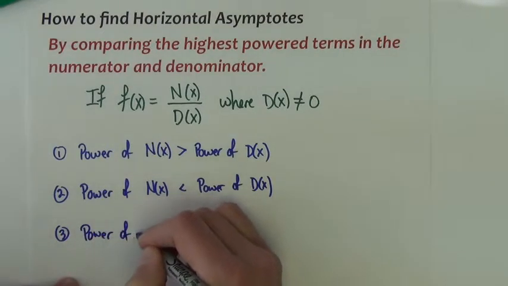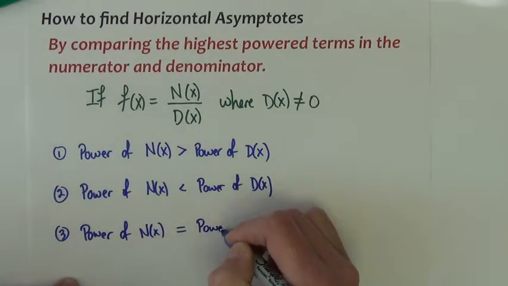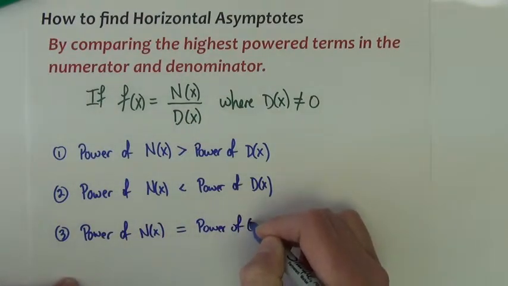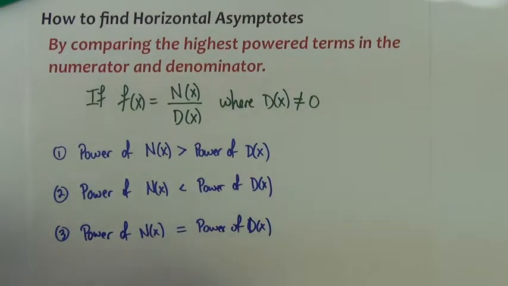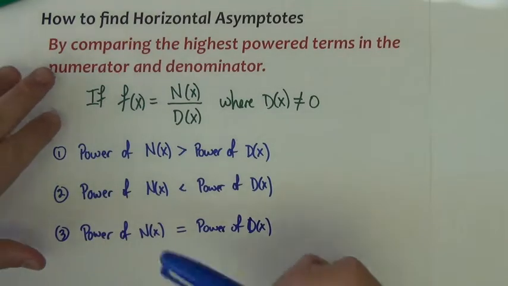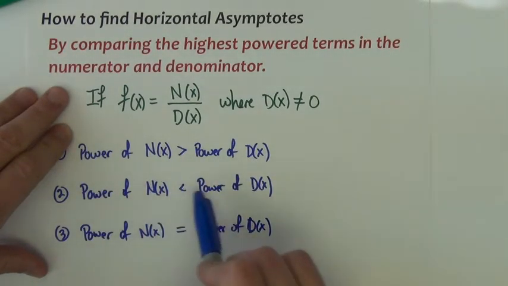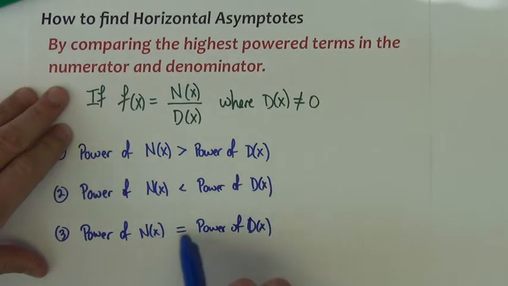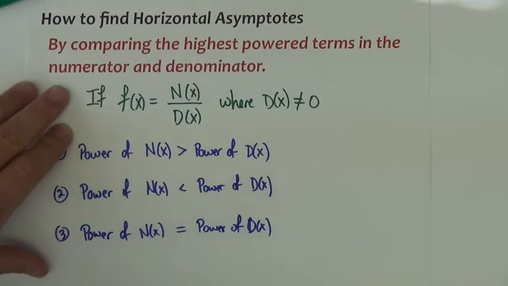Or finally, the power of n of x can be equal to the power of d of x. One of those 3 things is going to happen every time. Either the power of x is bigger on top than on bottom, it's smaller on top than on bottom, or the powers of x are equal to each other. Okay, that's all that can happen.